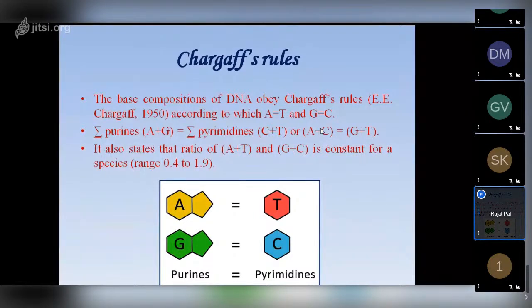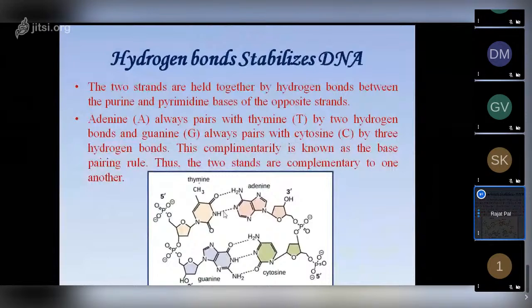And why specifically A with T? A can also make a bond with C because C is also a pyrimidine. But you can see from the previous slide that A has a maximum of two hydrogen bonds. G and C, they both have three.